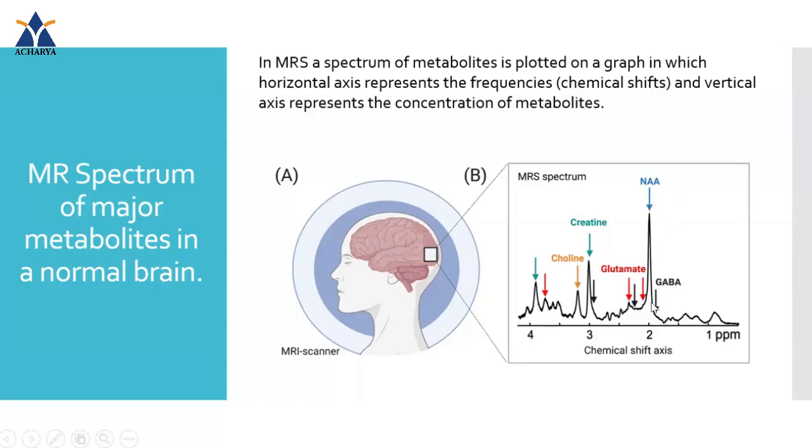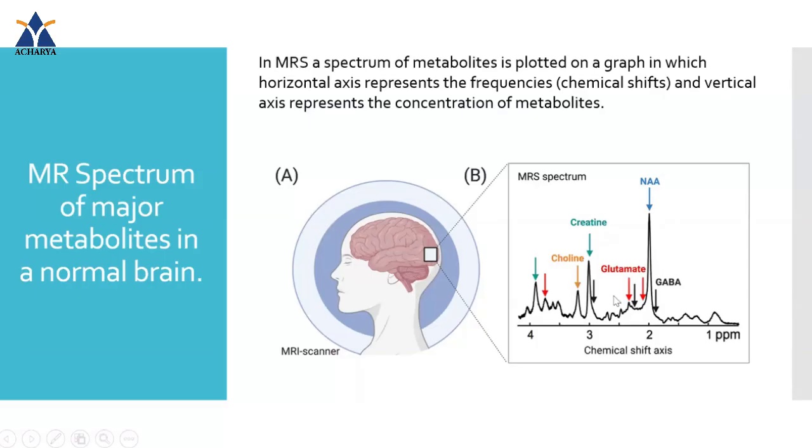So the peaks which are higher, or the area under the peak, show the concentration of that particular metabolite. Here the picture shows a graph, or MR spectrum, of normal brain tissue. These are the metabolites, that is NAA, glutamate, creatine, choline, and there are many other metabolites present inside our brain.